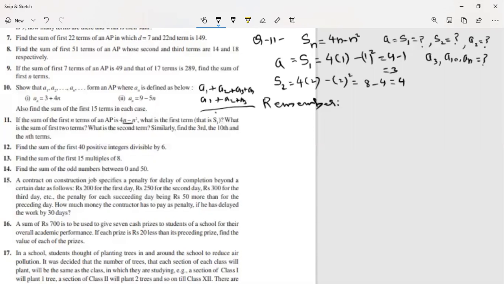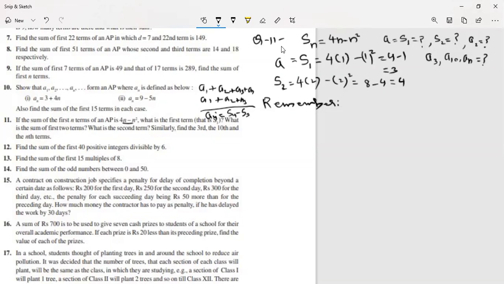So A4, the fourth term, will be equal to the sum of four terms minus the sum of three terms.